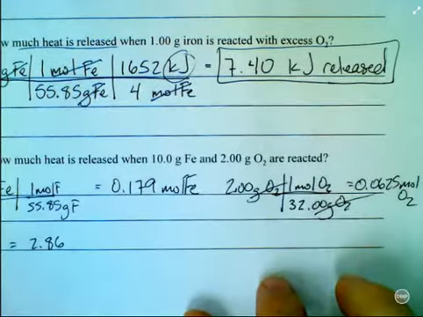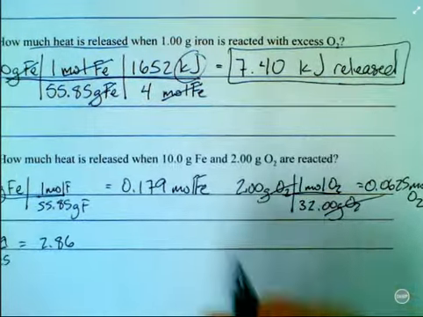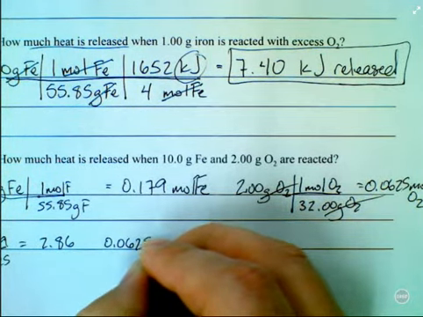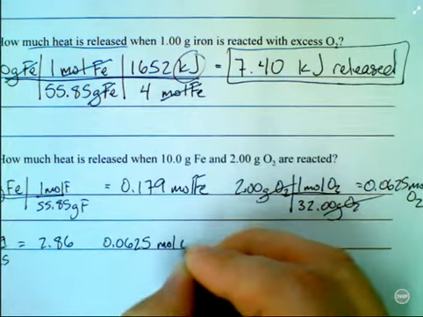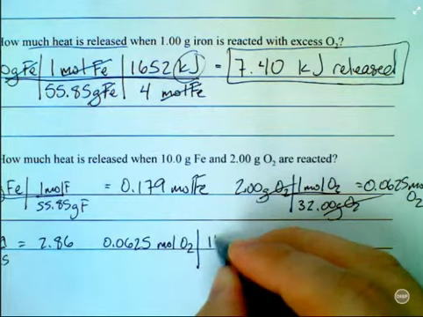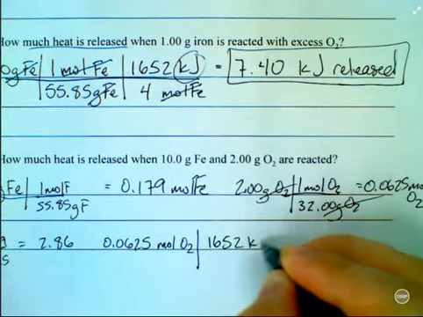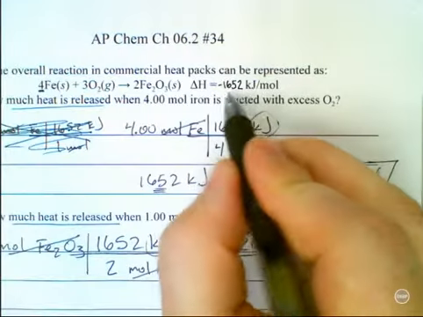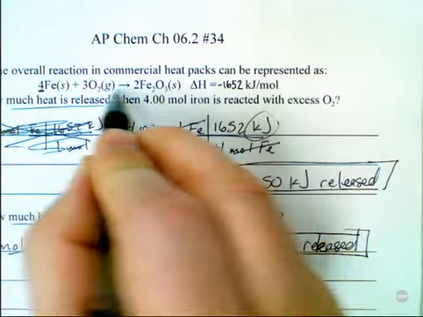So to generate my actual response, I'll take the number of moles of O2, use my enthalpy change there, and this amount of heat is evolved for every 3 moles of oxygen that are used.